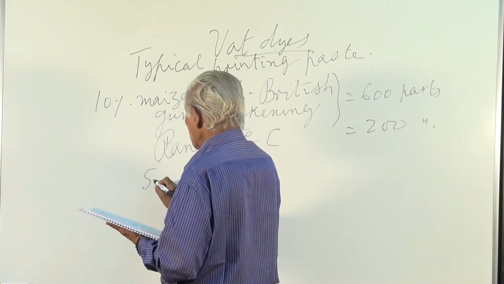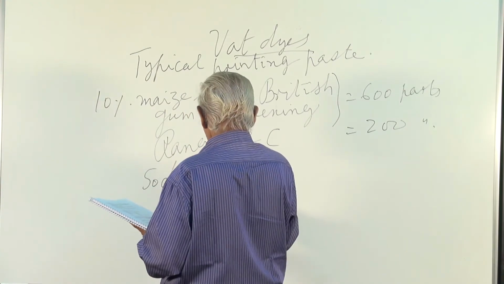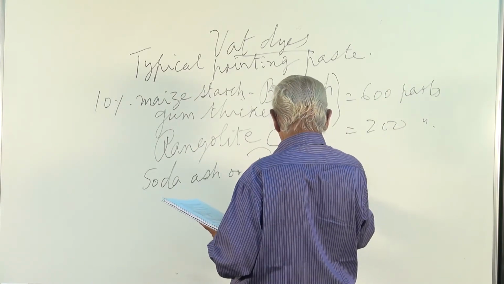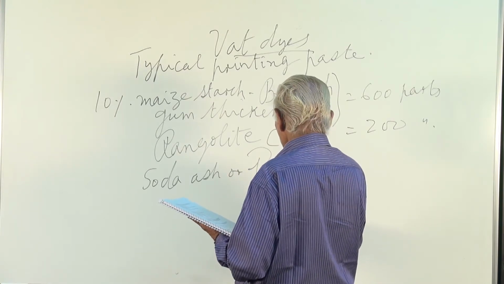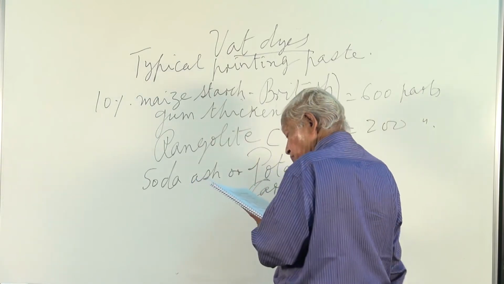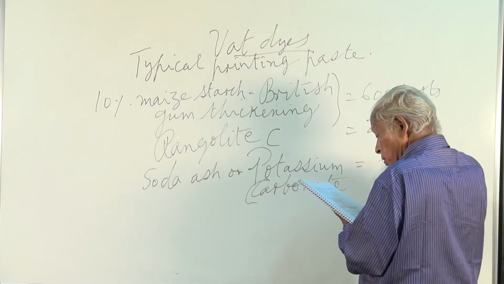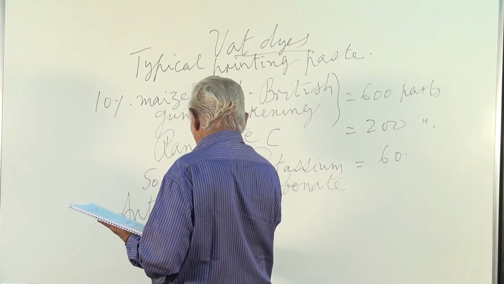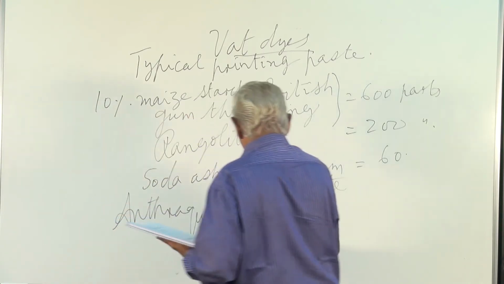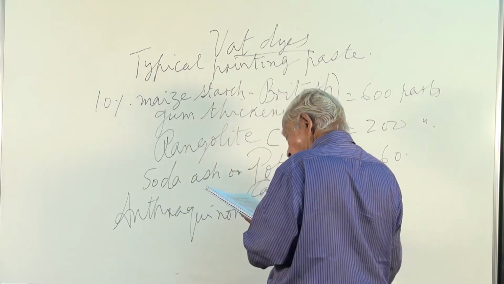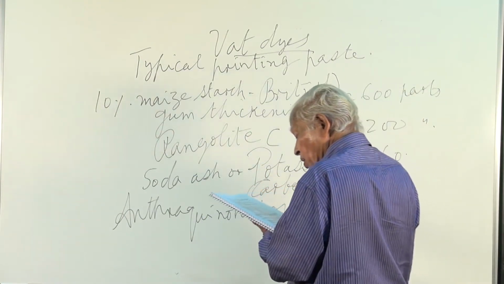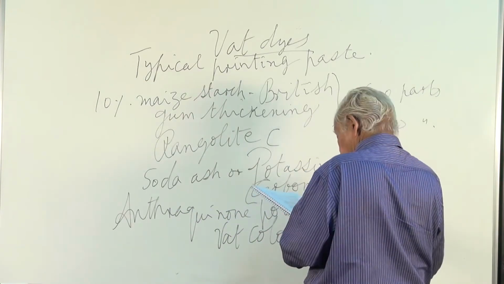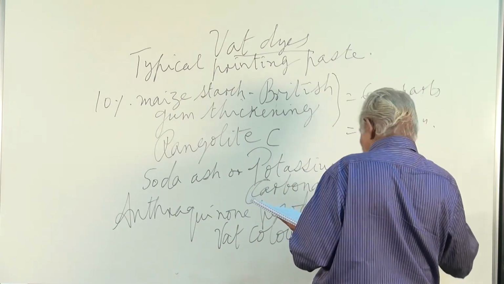soda ash or potassium carbonate (60 parts), Anthraquinone powder (10 parts), vat color X, that means concentration will vary depending on the shade.